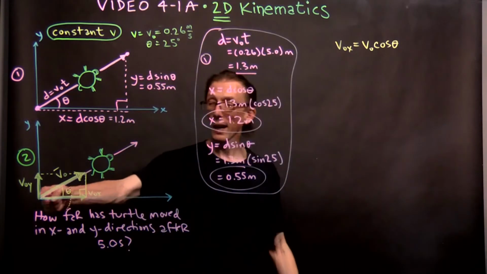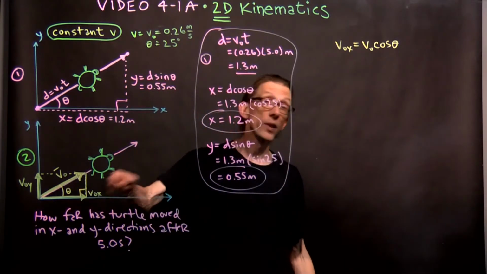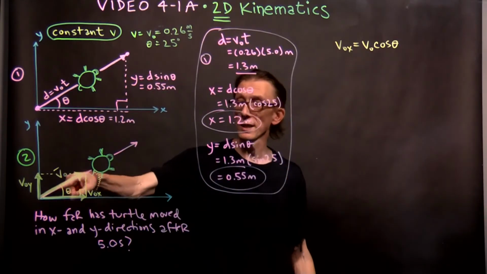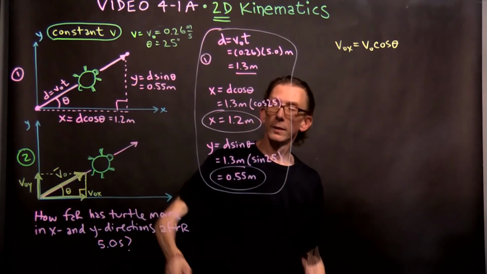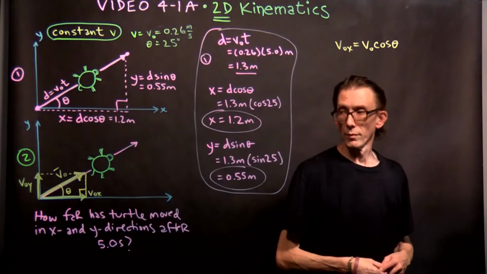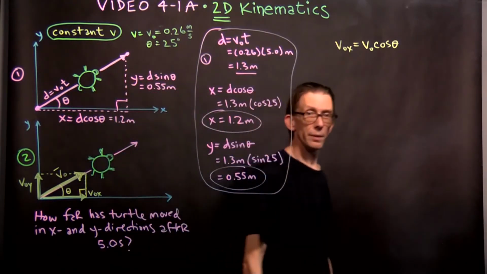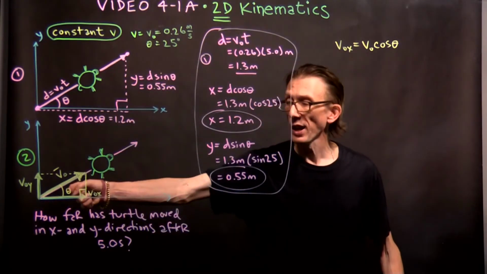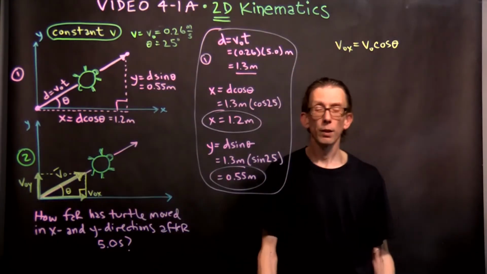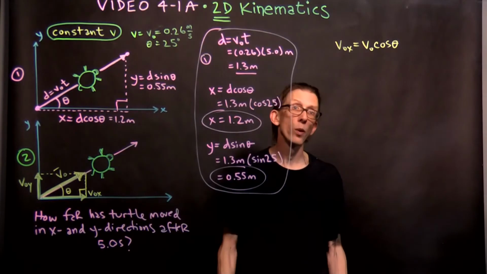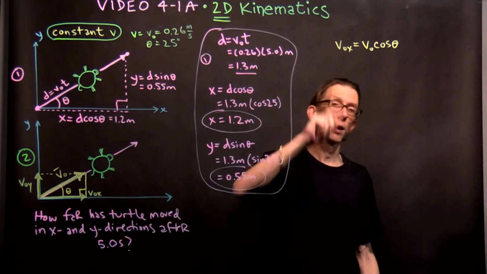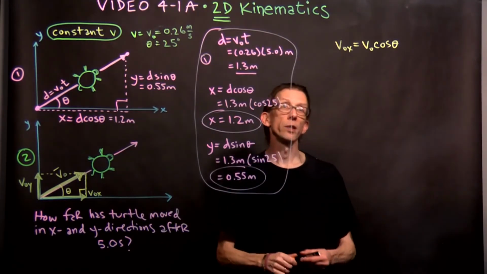How many meters per second is he creeping along this axis? Now he's not creeping along that axis. He's going along this line here. But at any given point, he has an x-coordinate, and that x-coordinate is changing as he moves to the right. The question is, how fast is his x-coordinate changing?